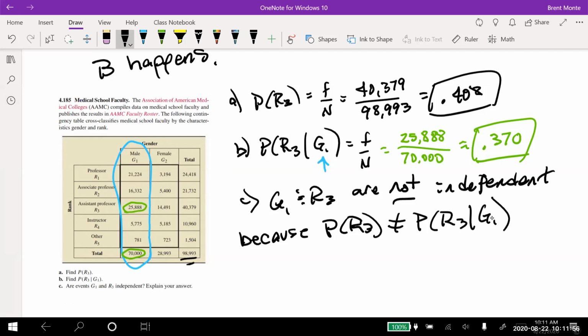So I guess the answer to C would be no, and there's the explanation. So we'll put a big no right here and box that. No, they are not independent.